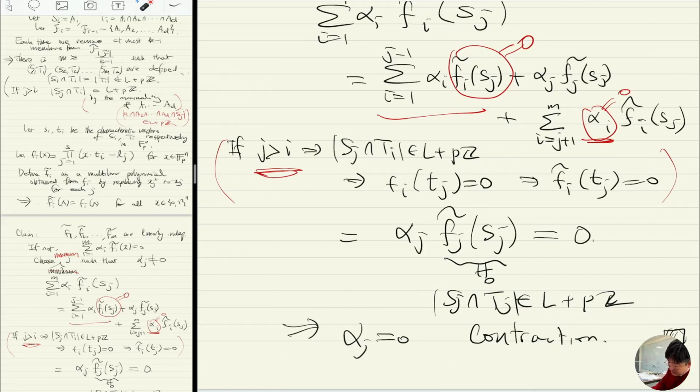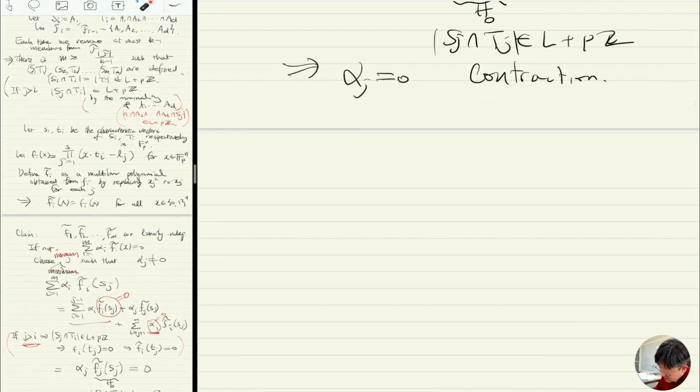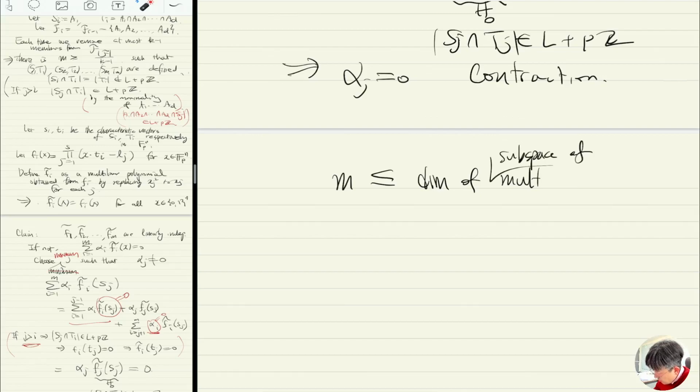Now, what does that mean? So the claim is proved. Therefore, the number of polynomials is at most the dimension of the subspace of multilinear polynomials of degree at most s with n variables.